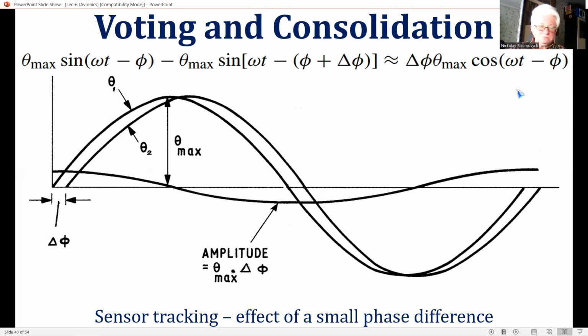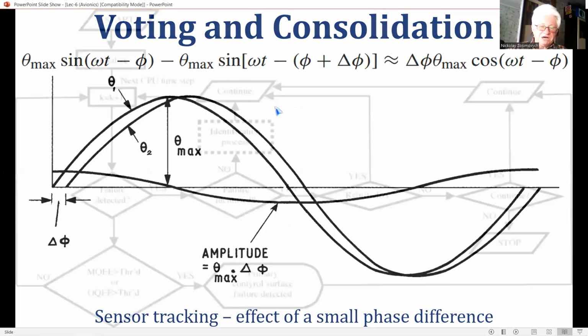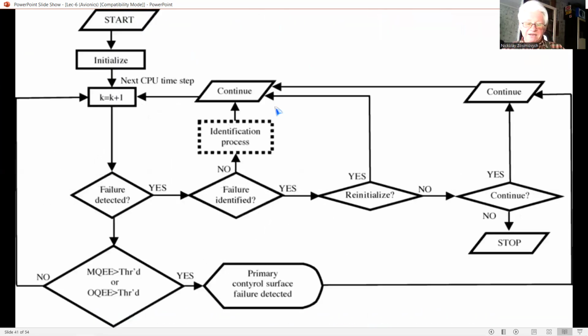So the sensors should thus have a high bandwidth, so that the phase lags at the aircraft control frequencies are small anyway, and the phase variations between the sensors will thus be very small.